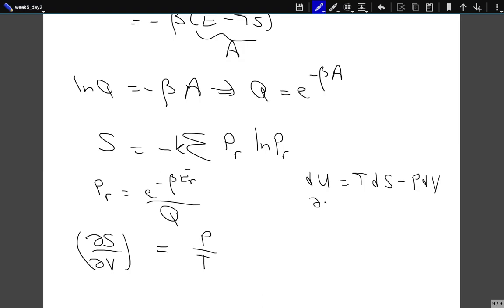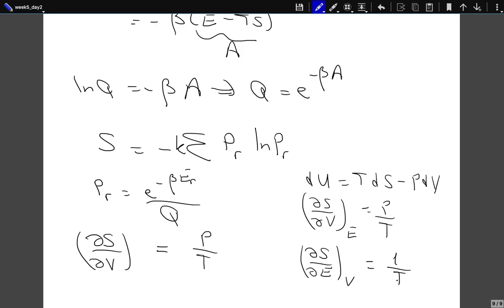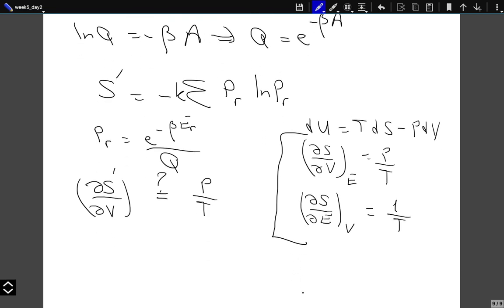So dS by dV at constant energy should be equal to P over T, and the derivative of the entropy with respect to energy at constant volume should be equal to 1 over T. If you can show these, let's call this S prime.